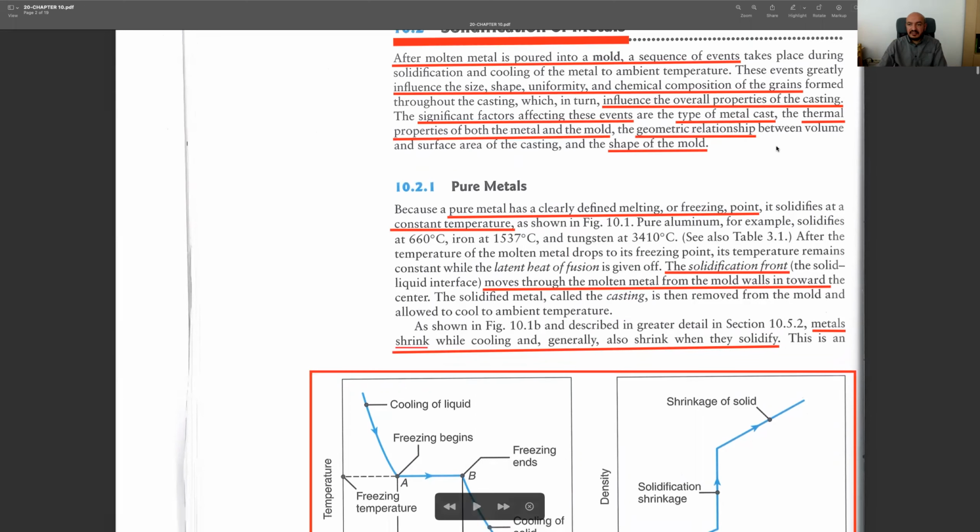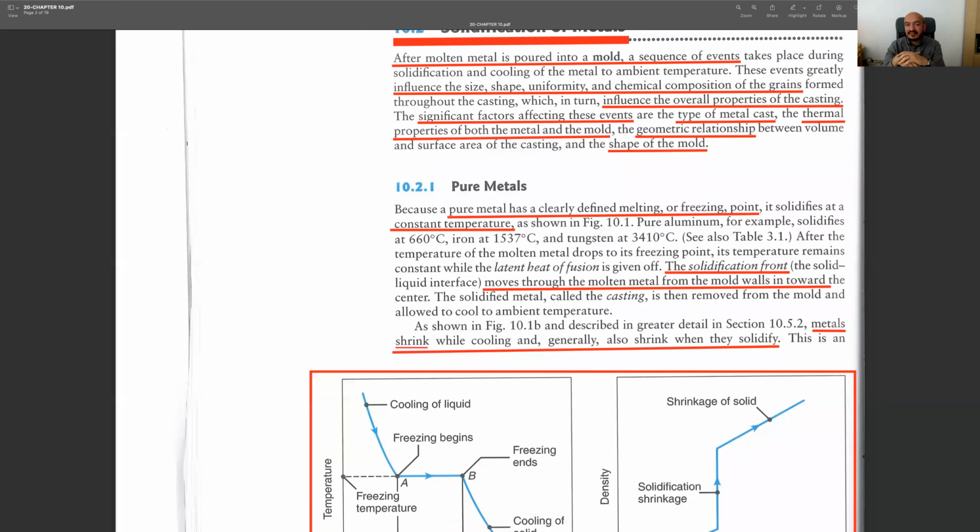In addition to these, the thermal properties are highly important. The melting point temperature and solidification processes are all affected by the mechanical and thermal properties of the type of metal we are using. Also, the geometric relation between the volume of our shape and its surface area is highly important.